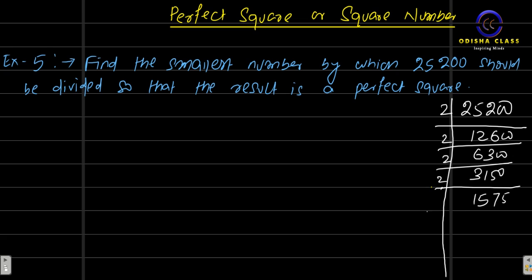It is no more divisible by 2 because the last digit is 5. Then think about 3, whether it is divisible by 3 or not. 5 plus 1 is 6, 6 plus 5 is 11, 11 plus 7 is 18. 18 is divisible by 3, hence it is divisible by 3.